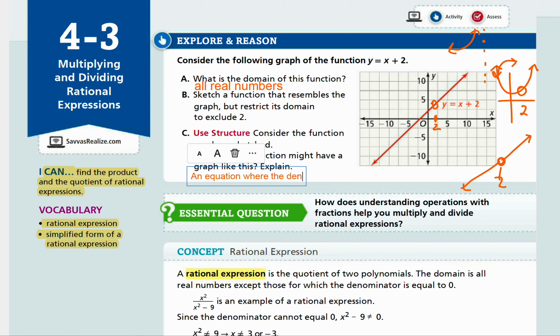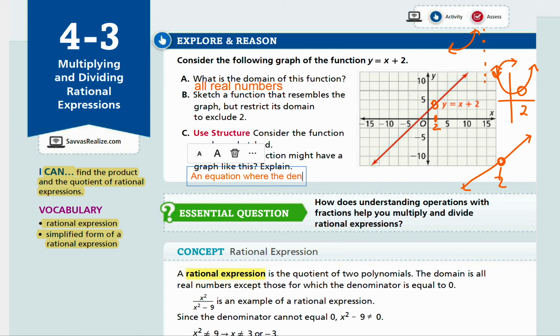So for example, we can write so many different rational expressions that fit this domain. Maybe we could have other zeros that are excluded, other domain values that are excluded.